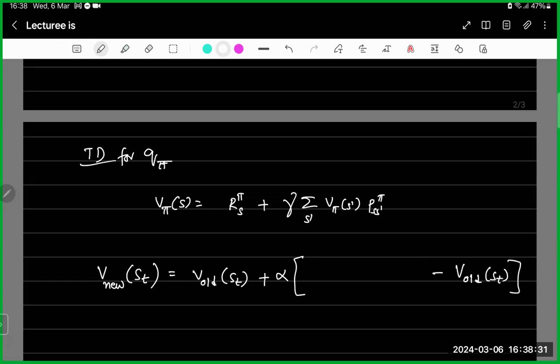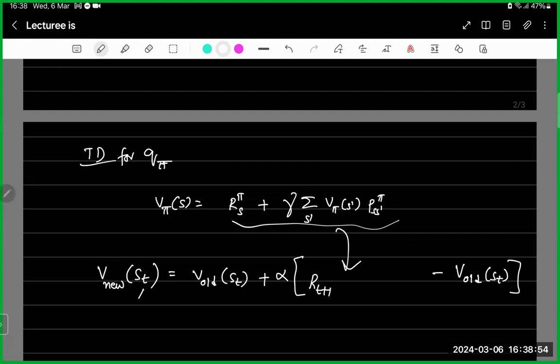This is the generic update equation we had. In this, we just got inspired from this equation and substituted something. So the first part is, if you act according to pi in state s, what is the expected reward you get? So R_{t+1} is one sample of that expectation, right?